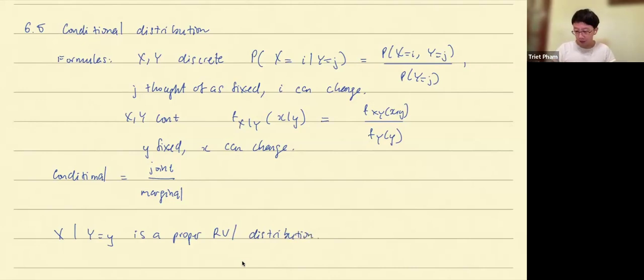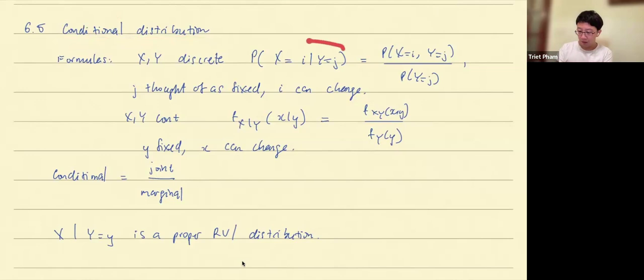Meaning that yes, we call it a conditional distribution, but if you hide the word conditional, that's fine. It's still a distribution, right? So you could just talk about it like a distribution.